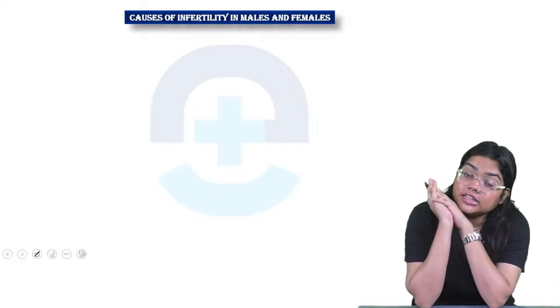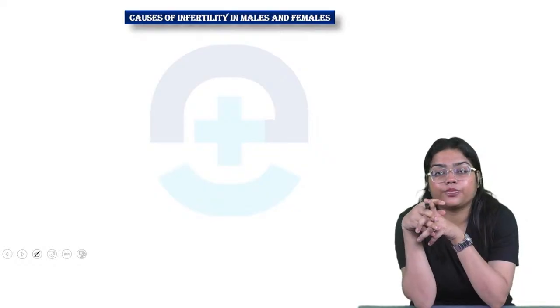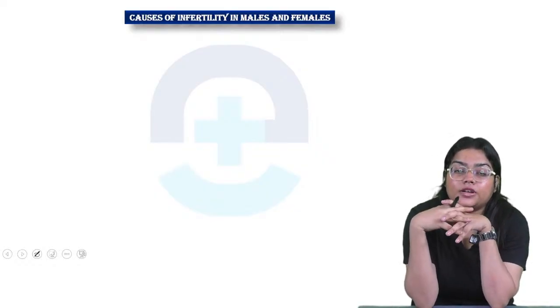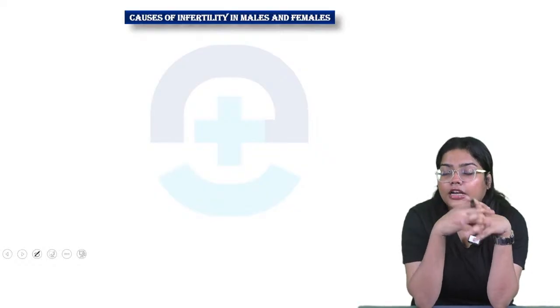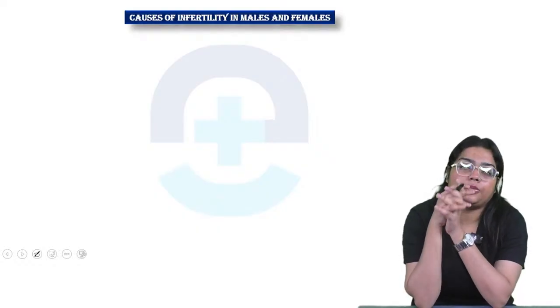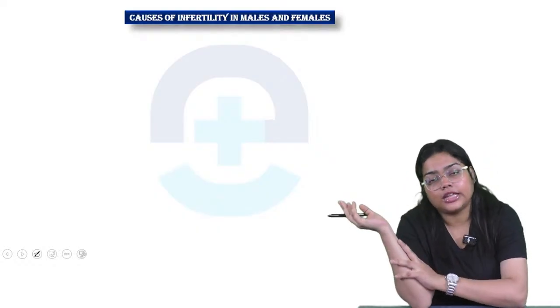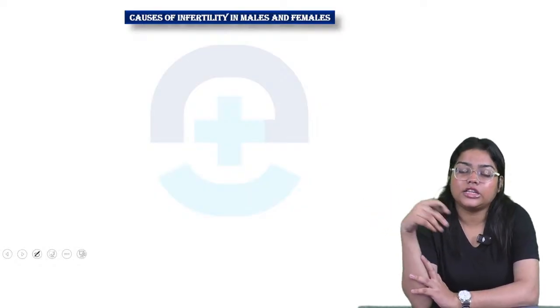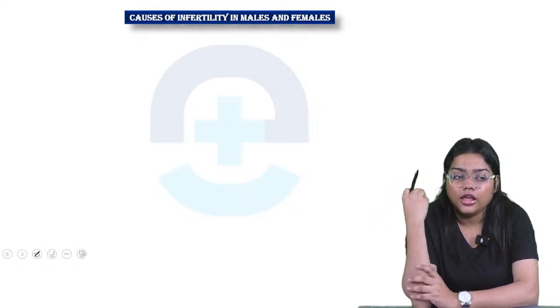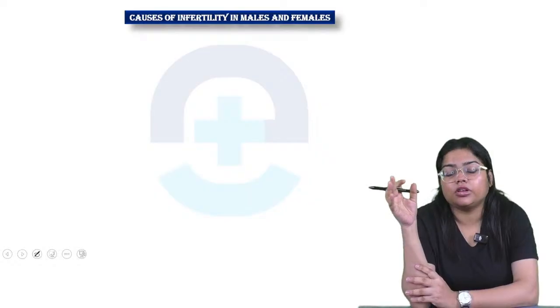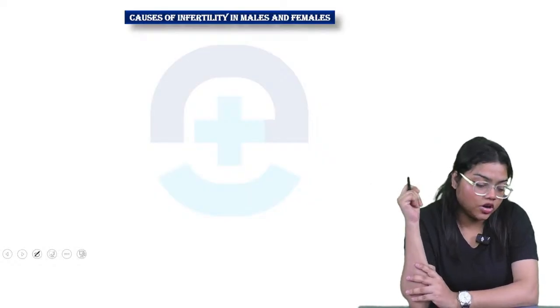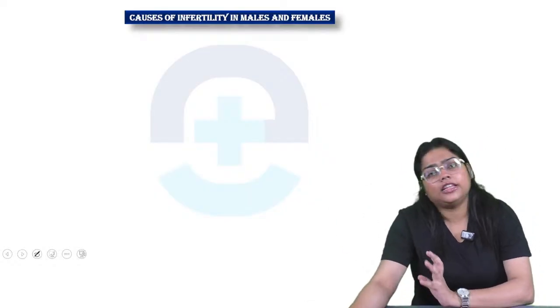The next is causes of infertility in males and females. So what is the definition of infertility? Okay, when a person is having continuous unprotected intercourse, and after 1 year continuously they don't conceive, then we will call it infertility or infertile. Okay, there are some causes.